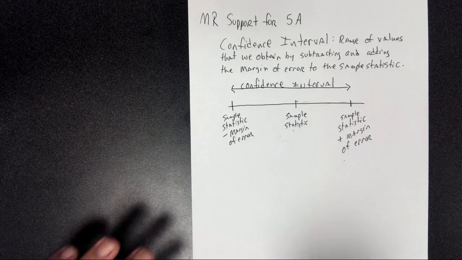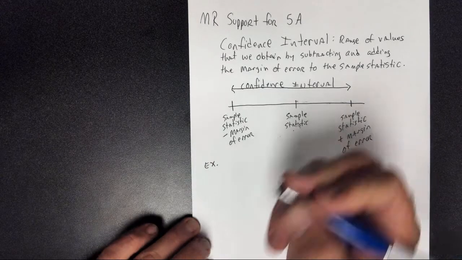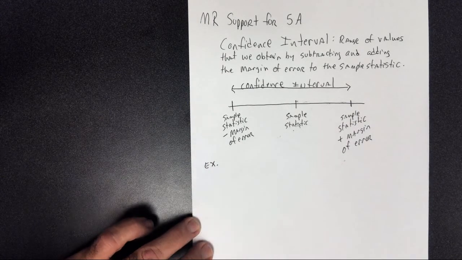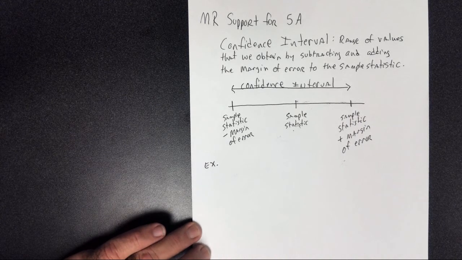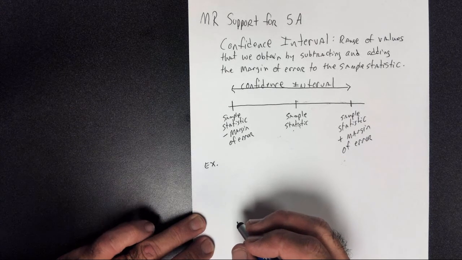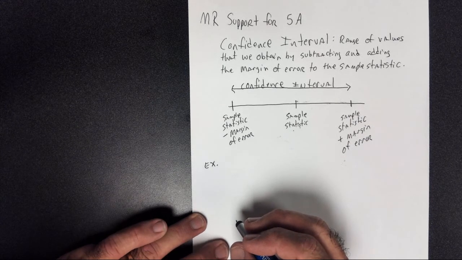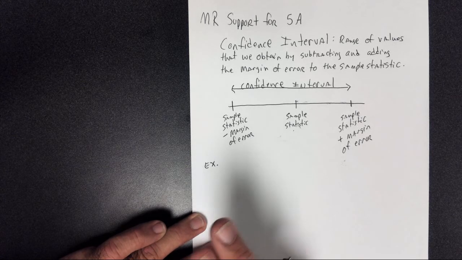Okay? So this first example, they say the following summary of a statistical study gives a sample statistic and a margin of error. They want me to find the confidence interval and answer any additional questions. So they're telling me a poll is conducted the day before a state election for senator. There are only 2 candidates running for the office.